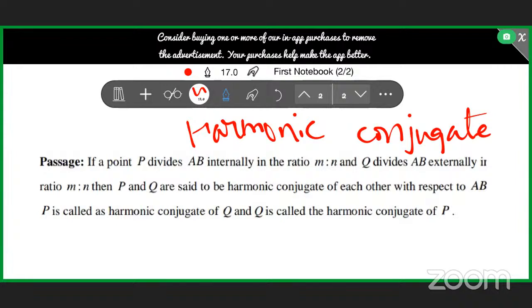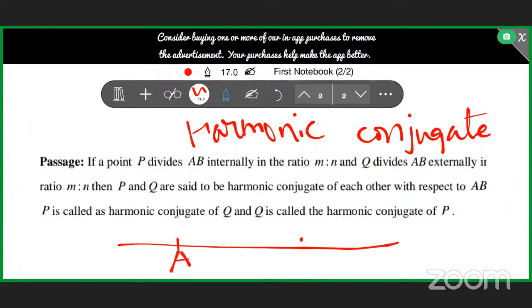So what they're telling is, let us consider a line segment AB.